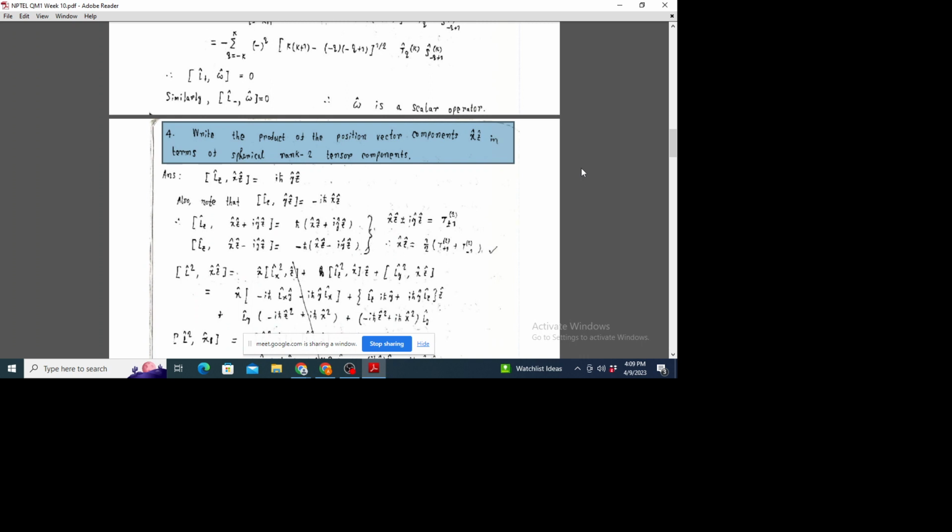So the question is, write the product of the position vector components xz in terms of spherical rank 2 tensor components. So we will use these definitions, mainly this definition.